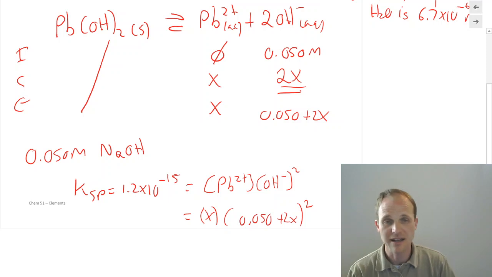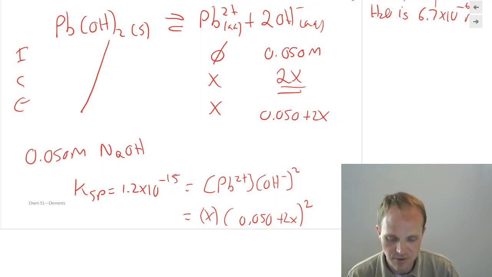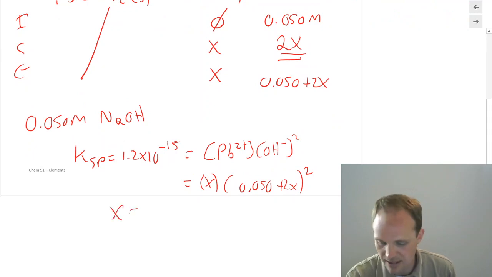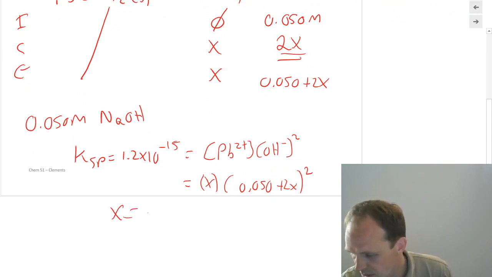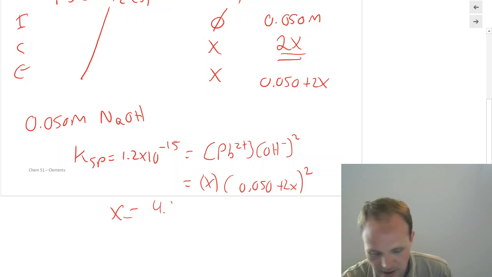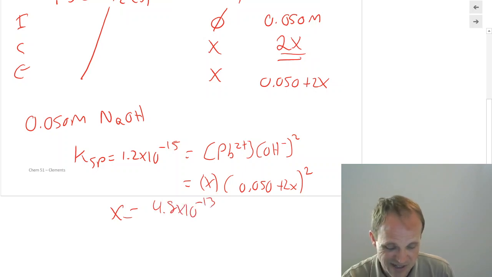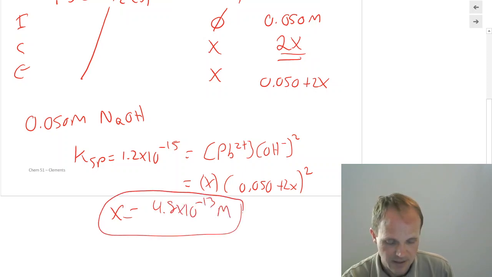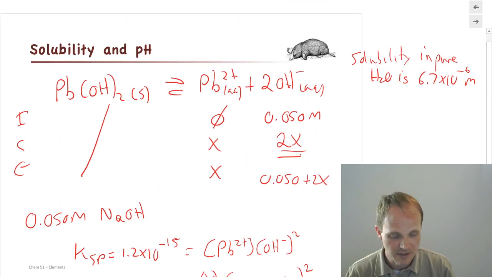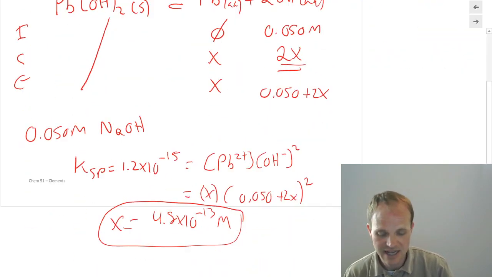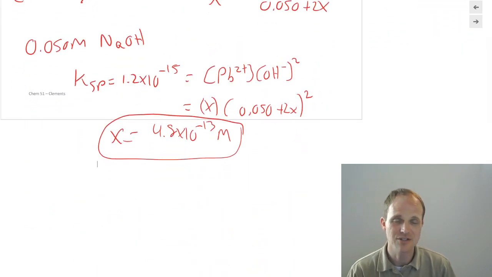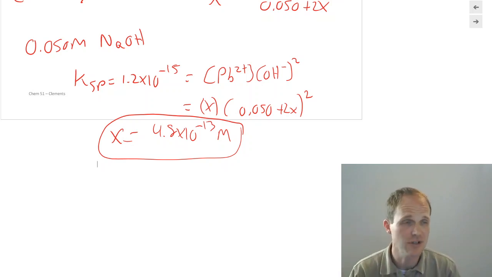We're going to go ahead and make that small x assumption, solve it, check our assumption, do all those things that we're supposed to do. I'm just going to give you the answer here that x is equal to 4.8 times 10 to the minus 13th molar. So our solubility went from 6.7 times 10 to the minus 6 down to 4.8 times 10 to the minus 13th, 7 orders of magnitude decrease.